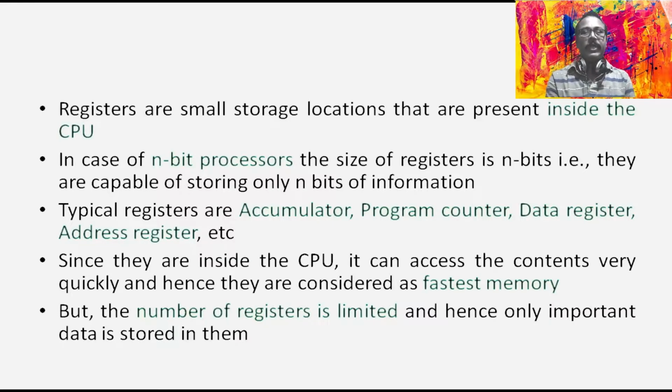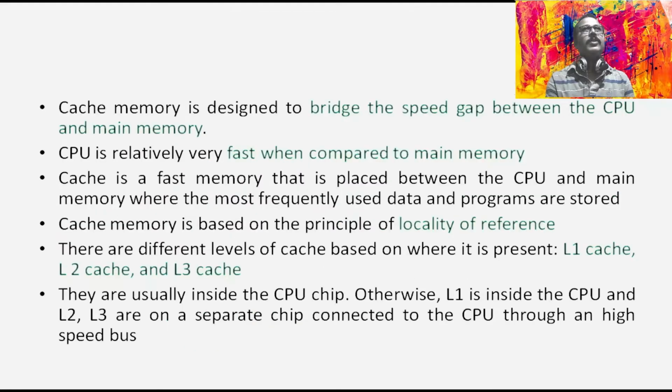So it's limited in capacity, and the number of registers is also limited. And coming to the cache memory, it is designed to bridge the speed gap between the CPU and main memory.